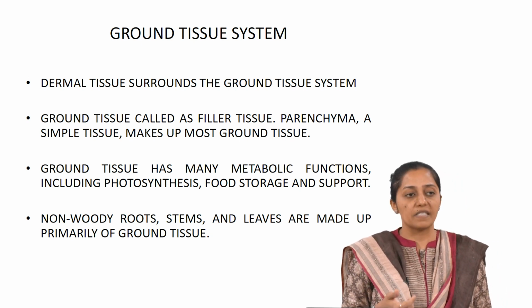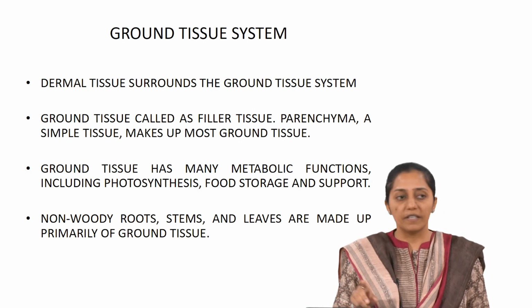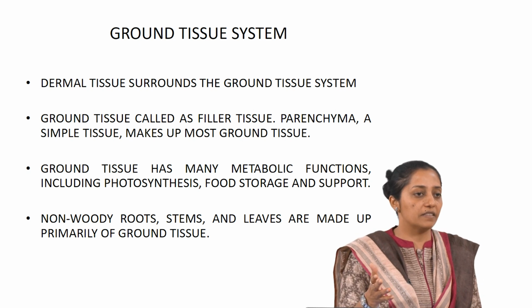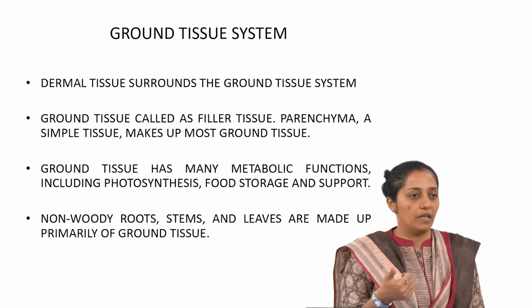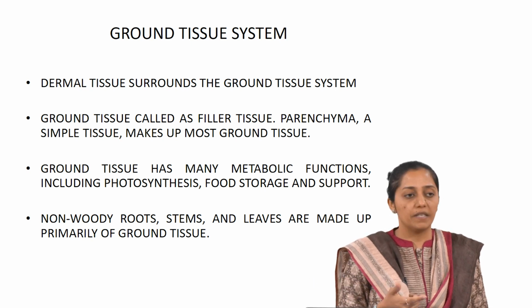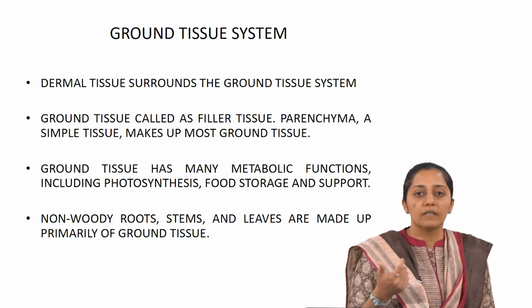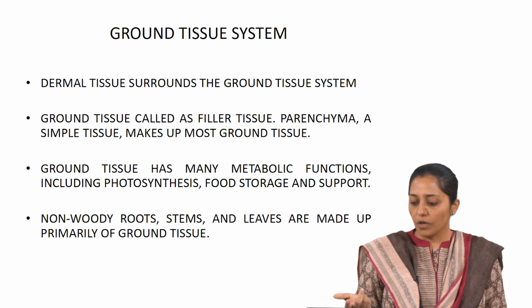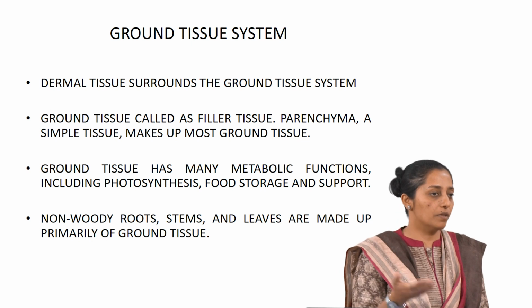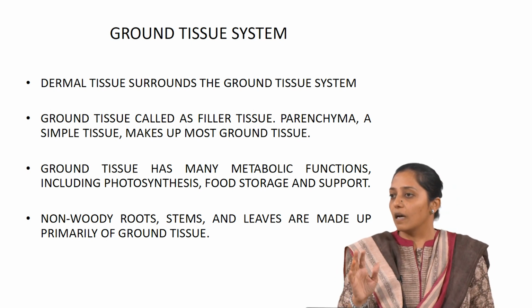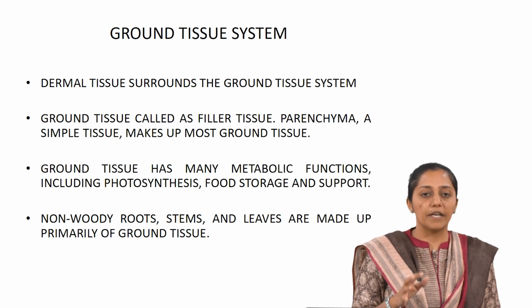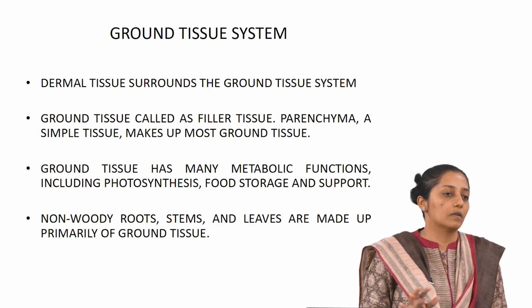Because these parenchyma cells can differentiate into different types of cells, they can take part in various metabolic activities like food storage, synthesis, photosynthesis, which means preparing food, and support, which means making the flesh, supporting the stem or the leaf. In non-woody roots, stems and leaves, they are primarily made up of ground tissue.